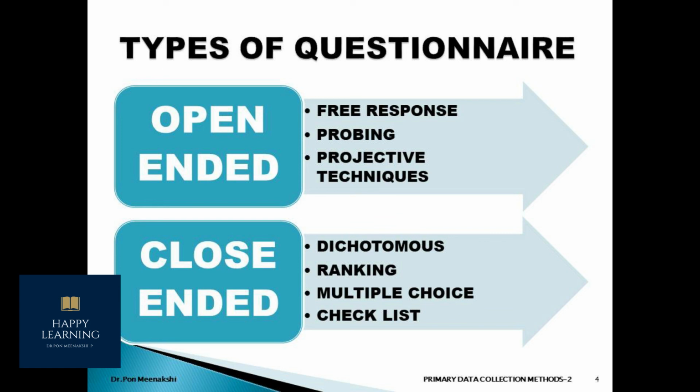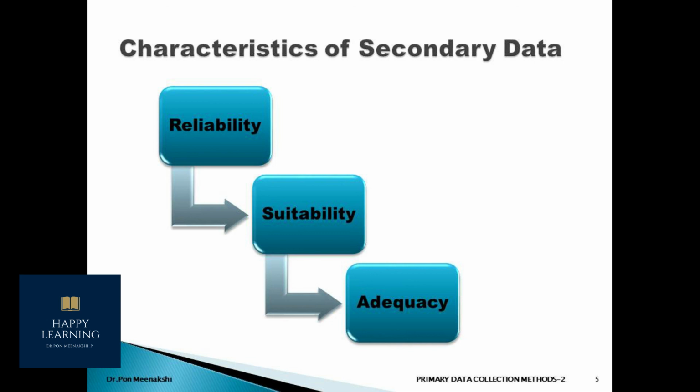So types of questionnaire, there are broadly 2 types: open-ended and closed-ended. Open-ended does not have any options, and closed-ended has options. Now we'll move on to characteristics of secondary data.